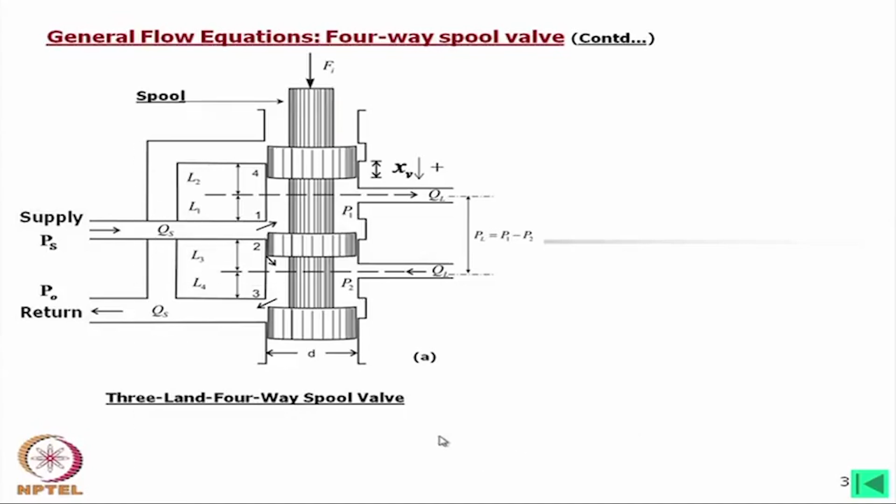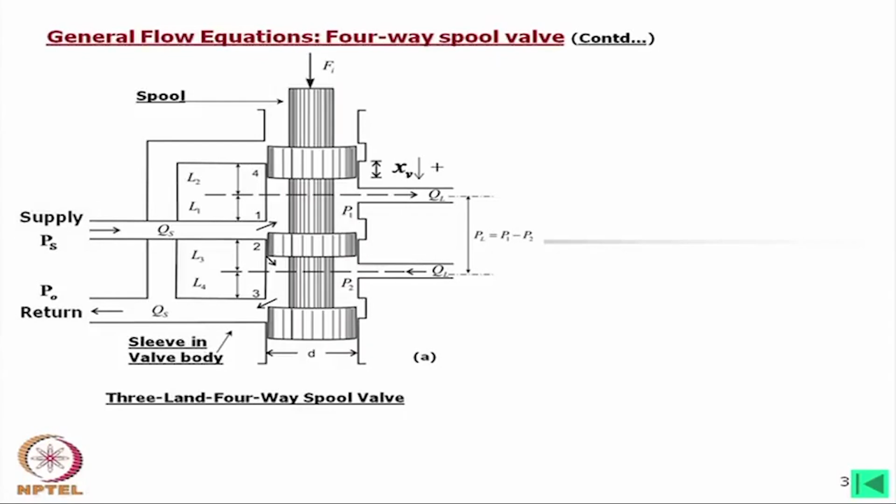If we look into the spool, it is put inside a sleeve which is again inside the valve body. Say this portion other than this spool, we can say is an integral body, inside which the spool can move. This you may consider as a sleeve inside the valve.